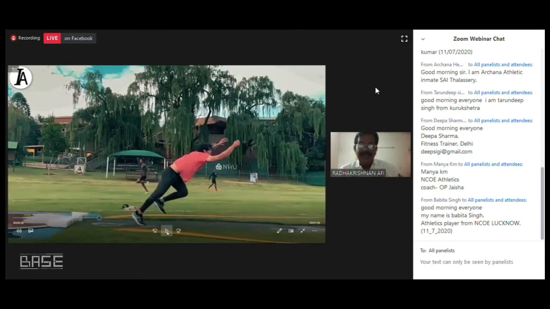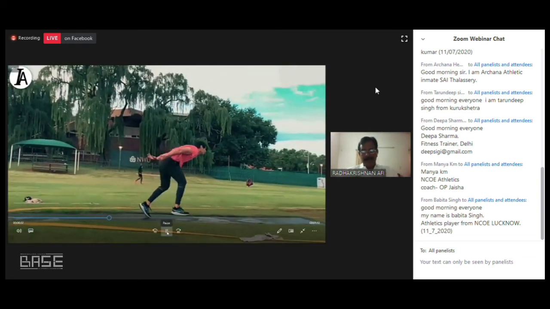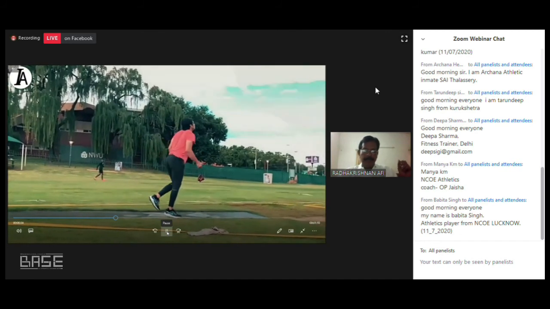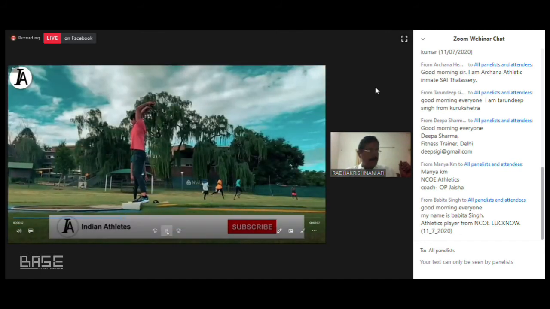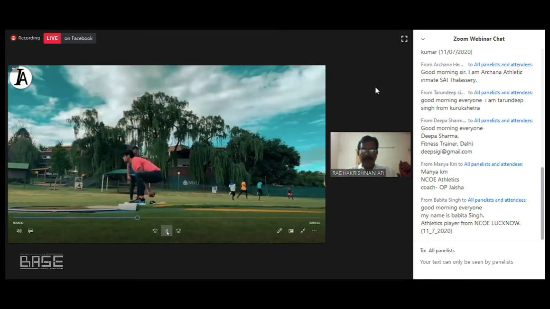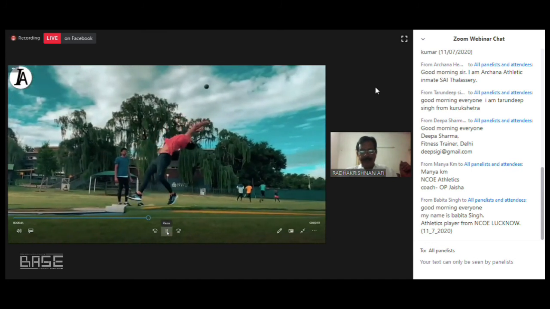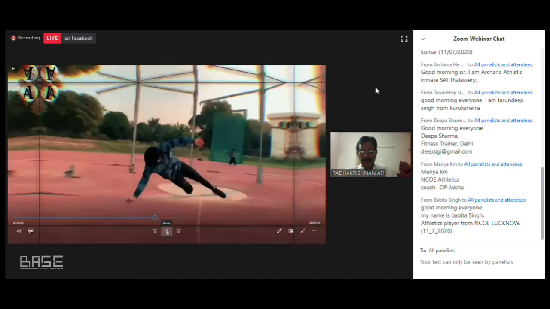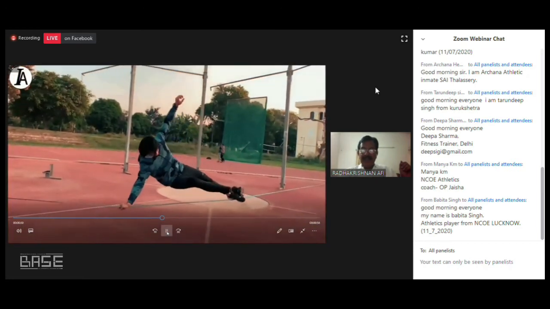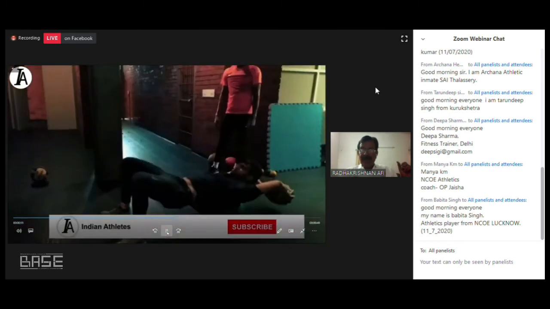This is also coordinative as well as specific strength training. We can do it throwing backward as well. This is for coordination as well as balancing. It's very important to develop coordination and balance.